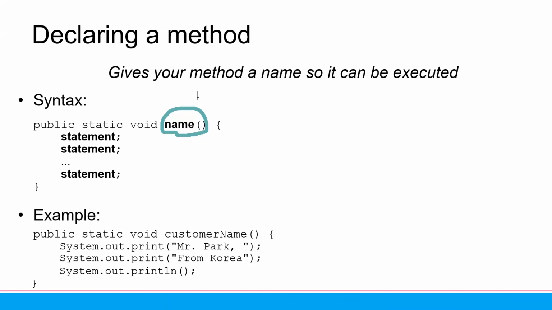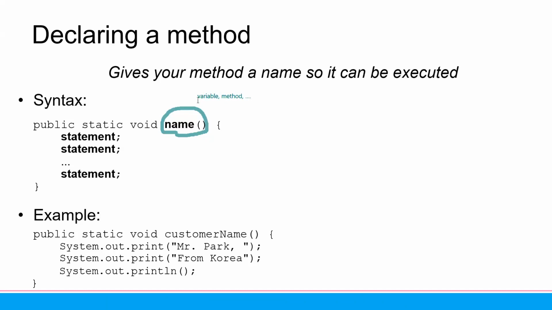And the name in Java should start with a letter. It can start with an underscore, but you cannot start with a number. So this is also valid for the method name. So variable name, method name, they have the same rule.